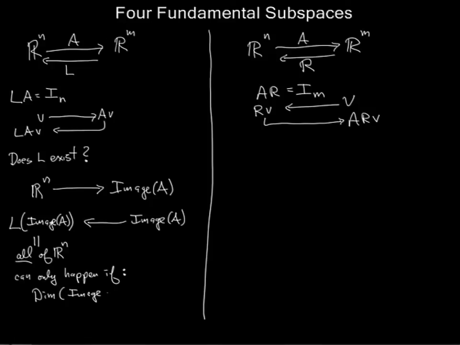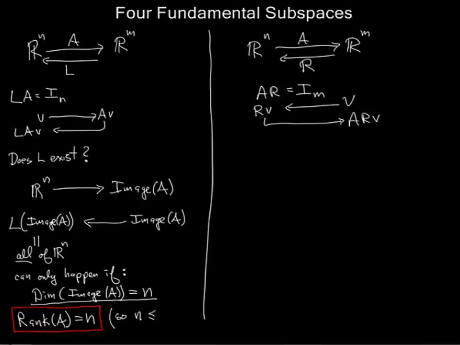The dimension of the image of A is supposed to be n, but remember that's the rank. So the rank is supposed to be n, and remember that the rank is less than or equal to both m and n. So if the rank is going to be equal to n, you'd better have that n is less than or equal to m.